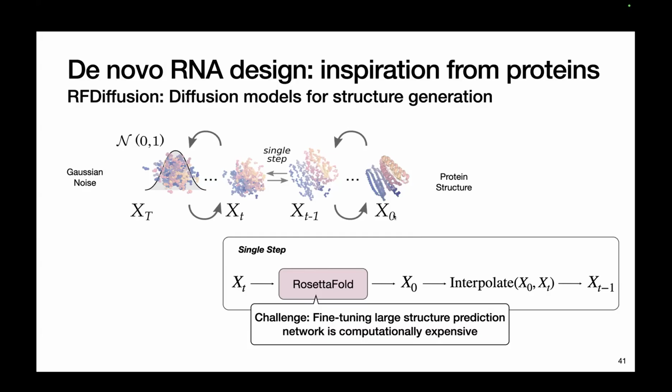So we started to ask ourselves, is there a way to do it in a more efficient way? This is also not that feasible for RNAs, because we don't have that many crystal structures for RNAs compared to proteins, right? So we want something that's more cost-effective and efficient, right?